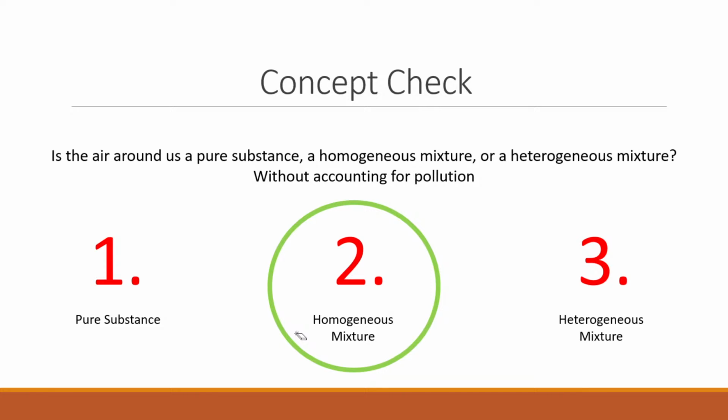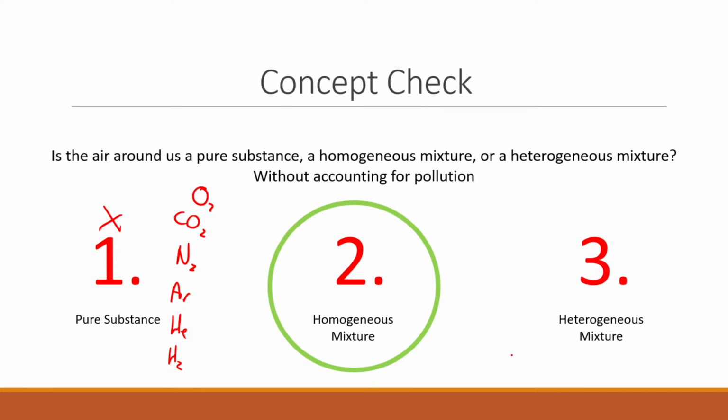So already, that's 2 substances in the air. Not to mention the other gases that are in there. It's not just oxygen and CO2. There's nitrogen, there's argon, there's helium, there's hydrogen, there's all sorts of gases in the air. So it's not a pure substance.